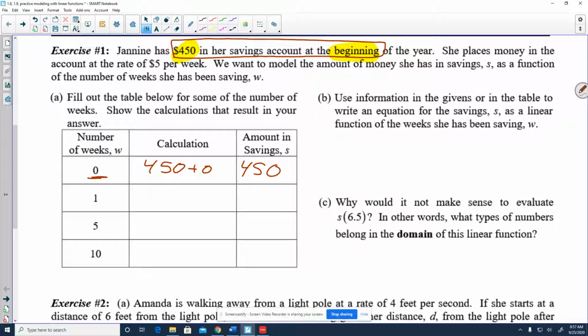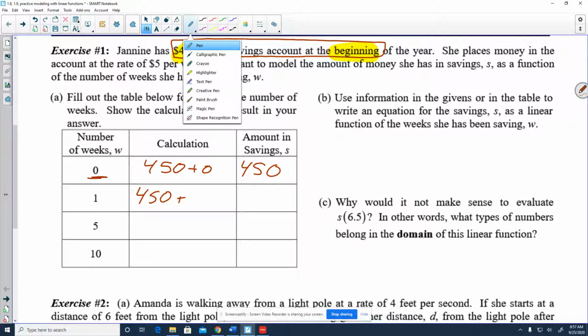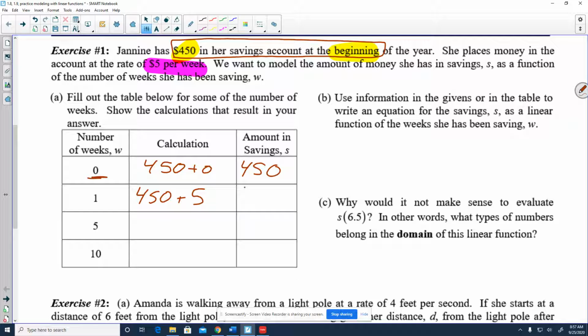Now, after 1 week, she has the initial $450 plus, well, she's also saving $5 per week. So she has another $5. So she has $455. So she has the 450 she started with plus another 5 that she saved in that first week.